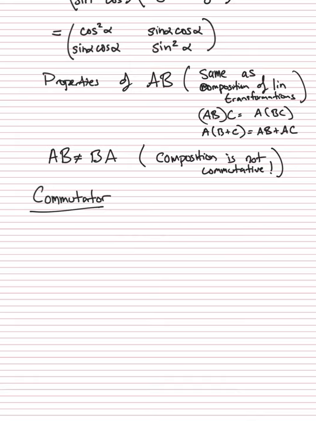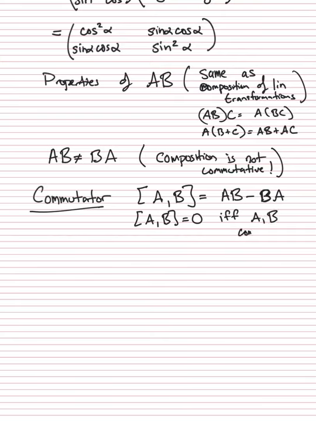So let me give just a kind of a definition which is useful to see, I think, and it kind of encodes this non-commutativity. Okay, so the commutator, which is usually denoted A commuted with B, is just AB minus BA. Okay? So in other words, the commutator is 0 if and only if A and B commute.